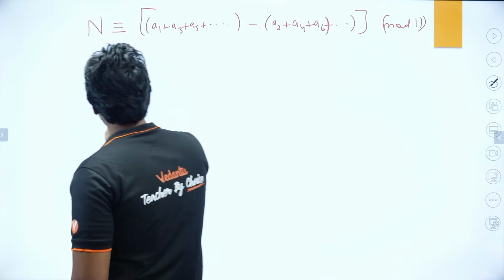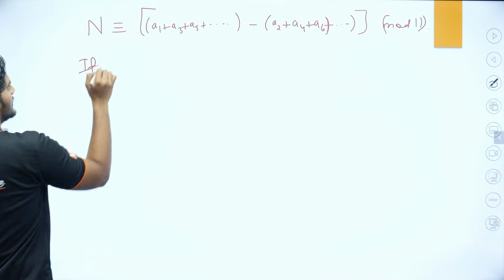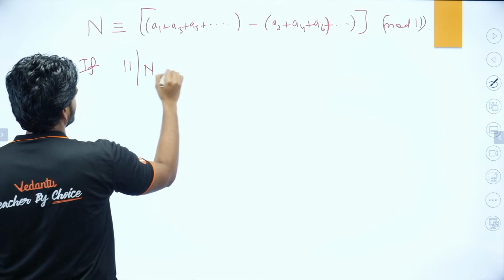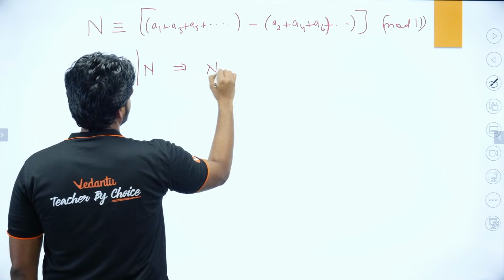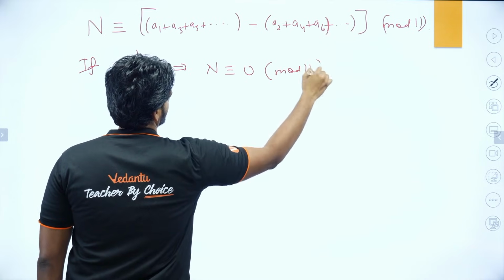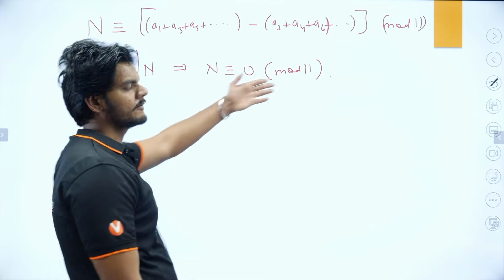right. Now it becomes simple: if 11 divides n, that should imply n is congruent to 0 mod 11, an obvious statement.